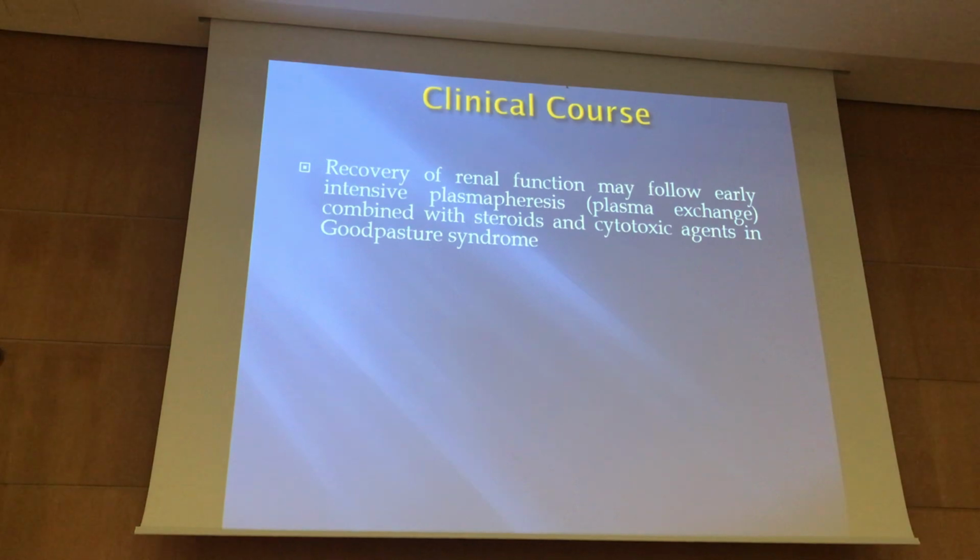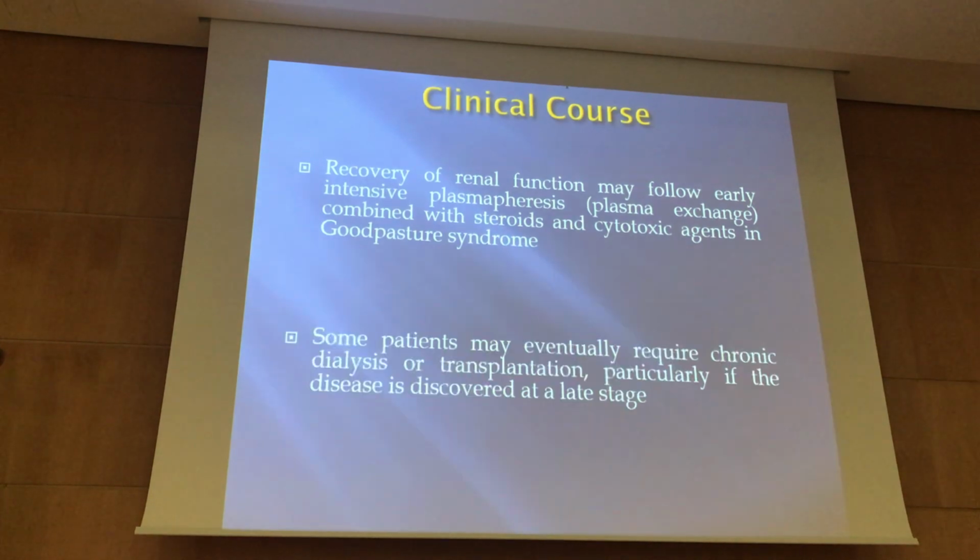And not only one pint of blood, you need many pints of blood to remove the whole blood and put in new blood. Why? We want to take out the antibodies present in the blood. By doing this, plus you also give steroids and cytotoxic agents to kill whatever things are left behind. Some patients may eventually require chronic dialysis and transplant.